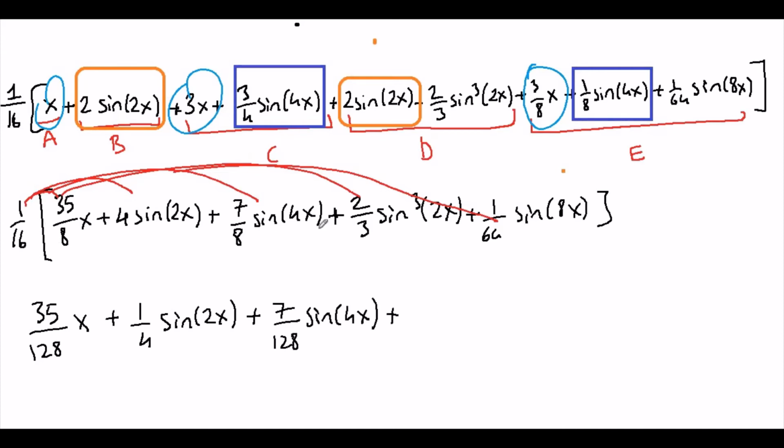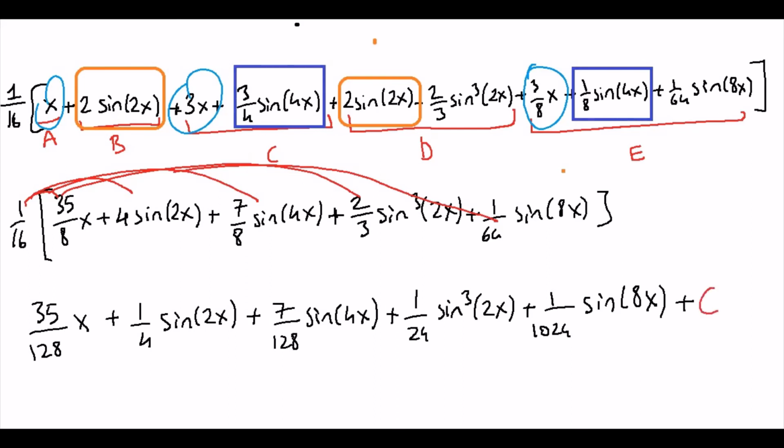And 1/16 times 2/3 will be 1 over 24 sine cubed of 2x. And finally, 1/16 times 1/64 is 1 over 1024 sine of 8x, plus c. So this is our final answer.